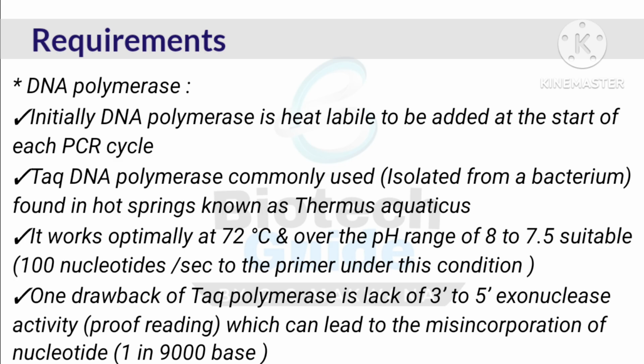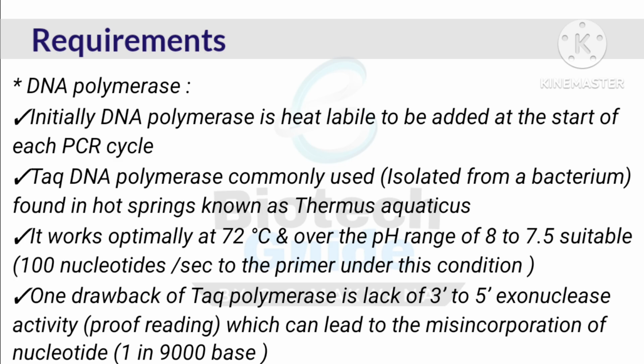It works optimally at 72 degrees centigrade and over a pH range of 7.5 to 8, adding nucleotides per second to the primer. So the pH is maintained at 7.5 to 8, and the temperature is optimally 72 degrees centigrade, which we also set in the thermal cycler in the extension step.